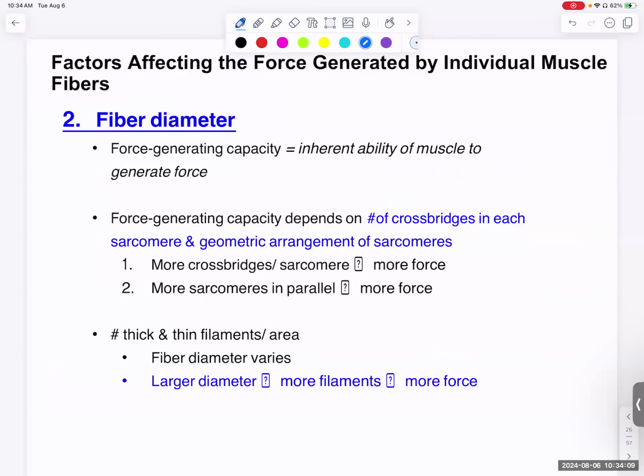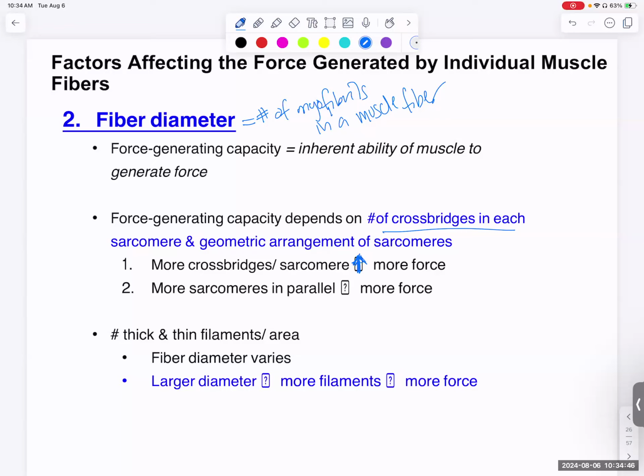Fiber diameter. This is what I was talking about in the number of myofibrils in a muscle fiber. That's really the diameter. How many myofibrils are in a muscle fiber determines the diameter. So if it's bigger in diameter, you're going to have more myofibrils. You're going to generate force because you have a higher number of cross bridges possible, right? So more cross bridges possible, you're going to generate more force.